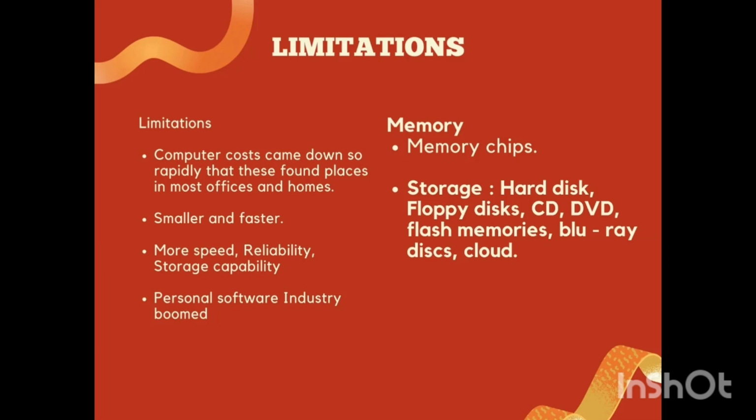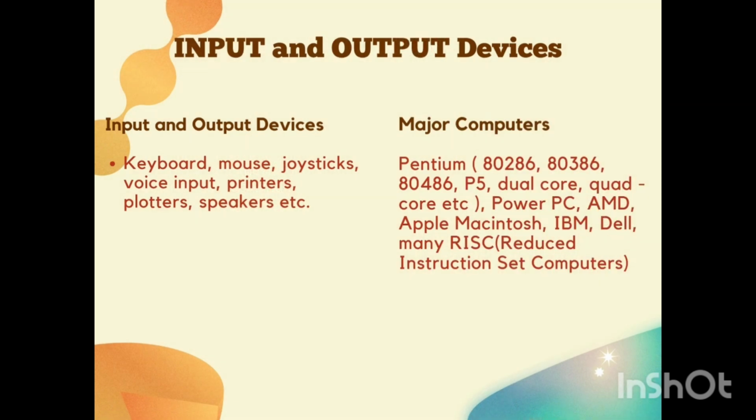Memory chips were used, and for storage: hard disks, floppy disks, CD, DVD, flash memories, Blu-ray disks, cloud, etc. Input and output devices: keyboard, mouse, joysticks, voice input, printers, plotters, speakers, etc. Major computers: Pentium 80286, 80386, 80486, P5, dual core, quad core, PowerPC, AMD, Apple, Macintosh, IBM, etc.